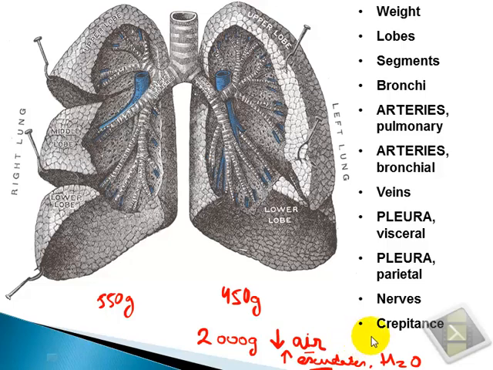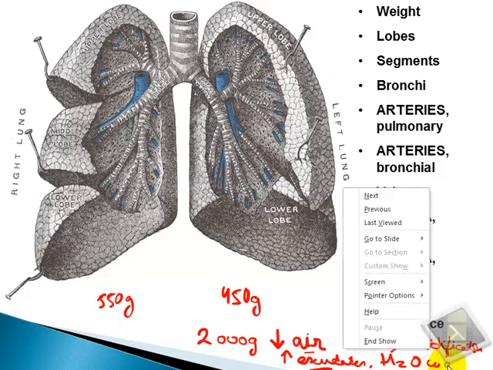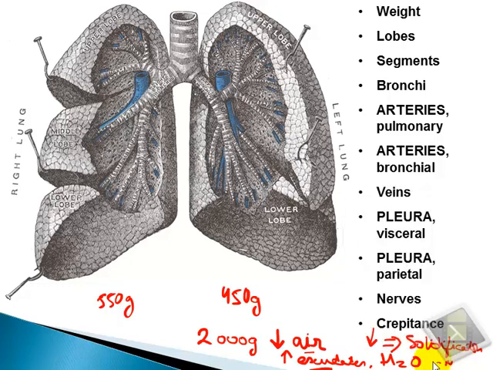And if crepitance goes down, what will happen? It means no more air is there. So the lung has reached a phase of solidification, and the technical term which we use for solidification is consolidation.